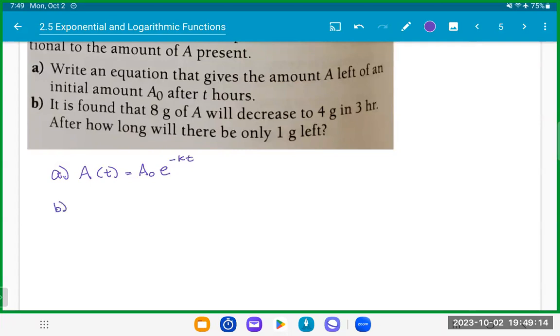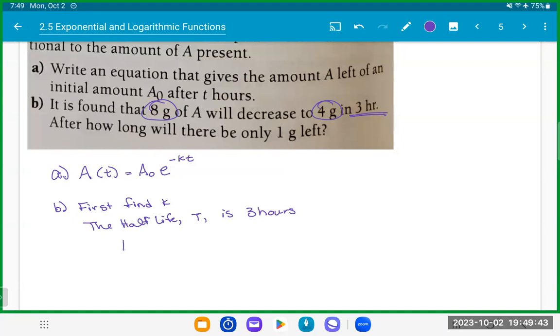Now we need to first find k, and we can do that because the half-life, that is T, is 3 hours. That was because we went from 8 grams to 4 grams in 3 hours.